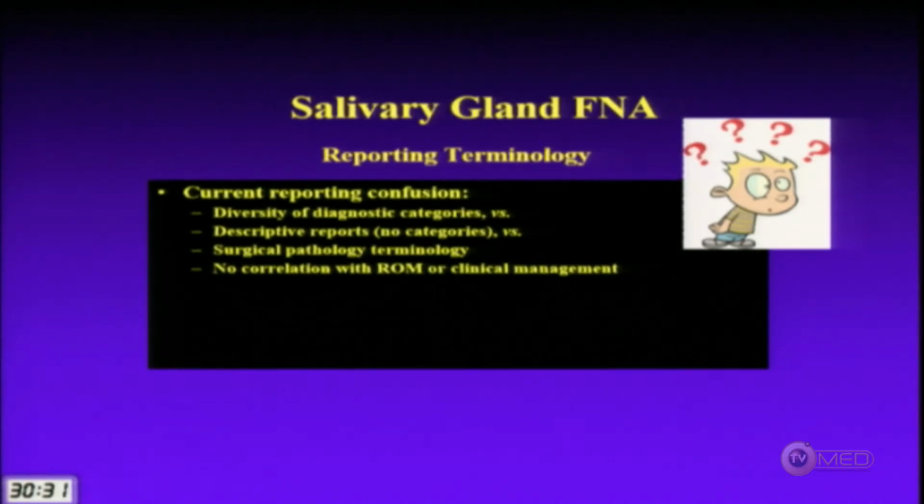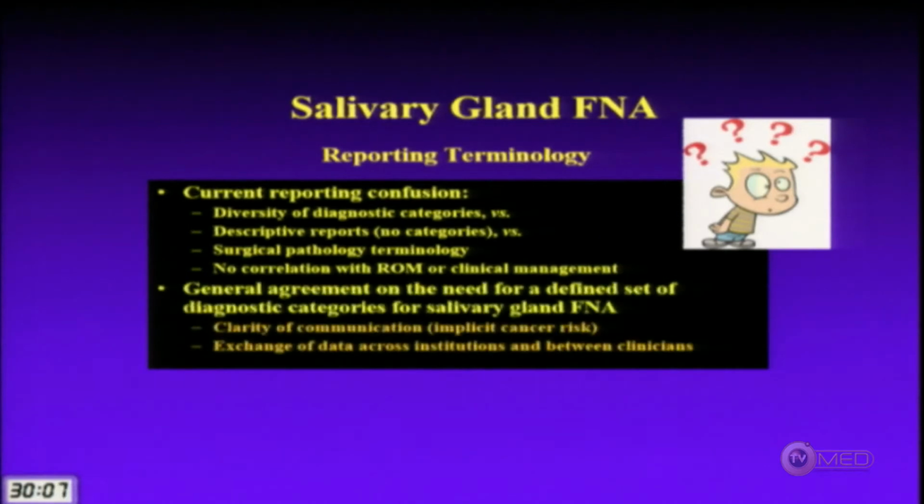Which one do we use? Many people are just using these descriptive reports, which are long and verbose, and nobody can understand them. Some people are just using surgical pathology terminology, which doesn't always fit with cytopathology. And of course, there's no correlation with risk of malignancy or with the clinical management.